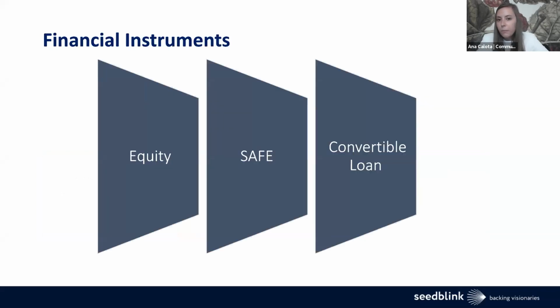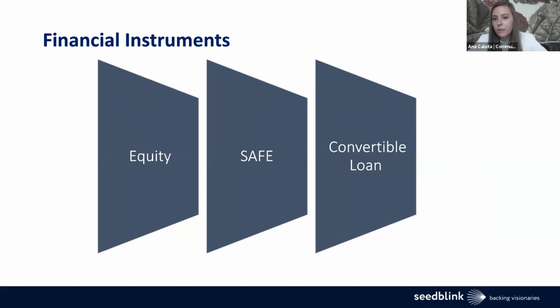In regards to the financial instruments we have on SeedBlink, I would mention three of them. Equity, which is the most common. This means that the company, in exchange for its shares, will get funds. The SAFE is basically a booking of the shares.